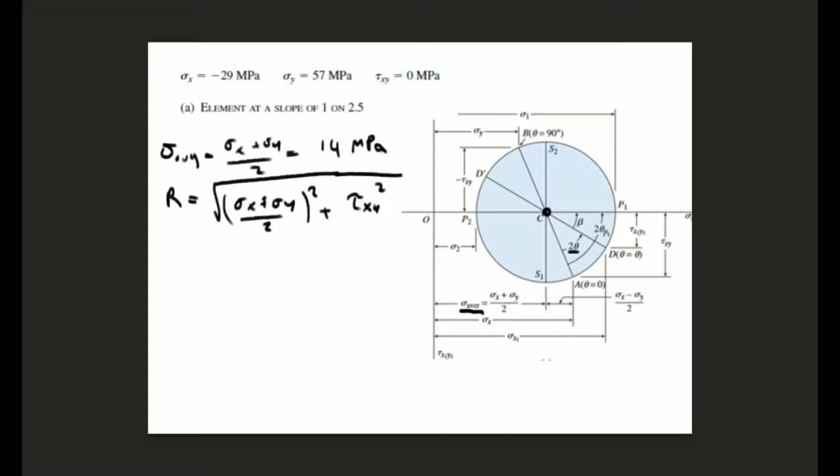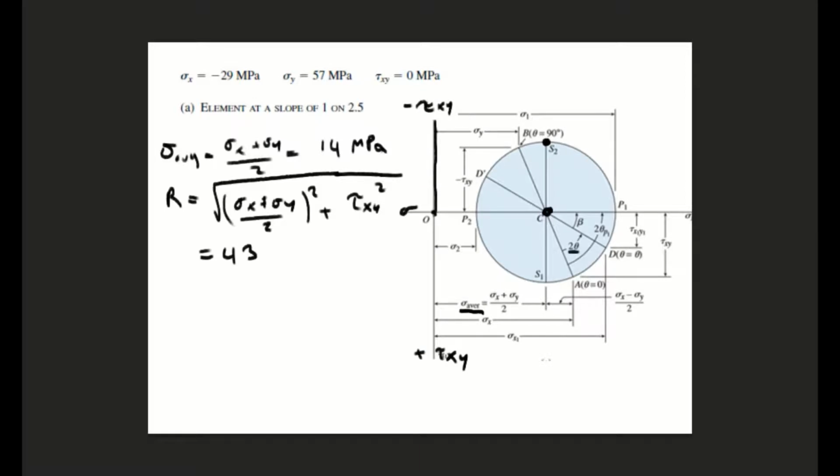Okay, so this is just basic geometry stuff. If we plug in those values, we get a radius of 43, which means the radius of the circle right there is 43. And this is helpful conceptually because if we notice the axis right here, this axis is our shear tau xy, and this is actually our negative. Down here is our positive axis, and that's just how they've set it up.